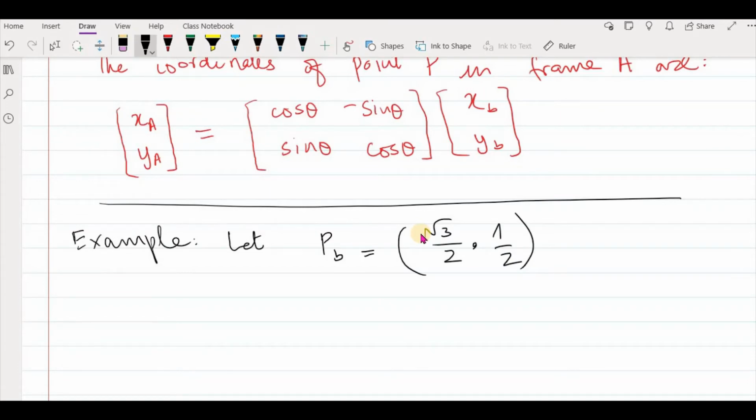So the coordinates of the point P in the frame B are root 3 by 2 and 1 by 2, the x and y coordinates.